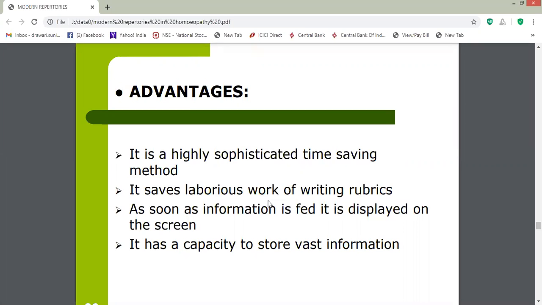Then computer assisted instruction. These educational programs function as an individual tutor to fit the learning pattern of the individual student.